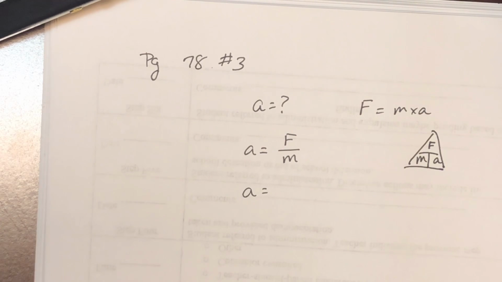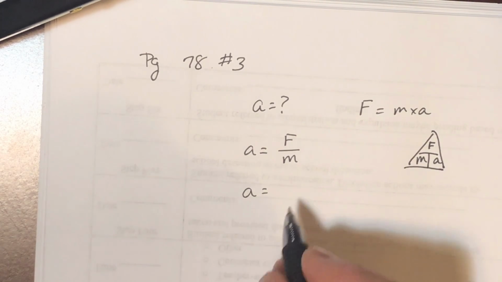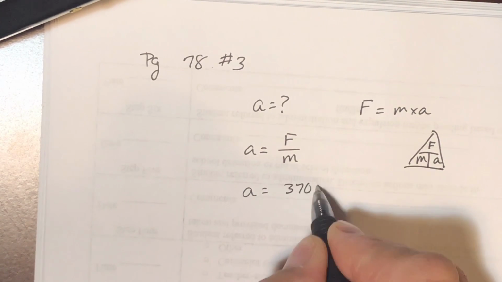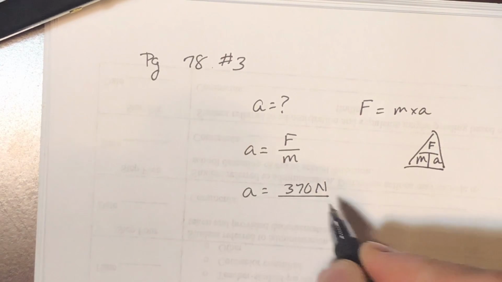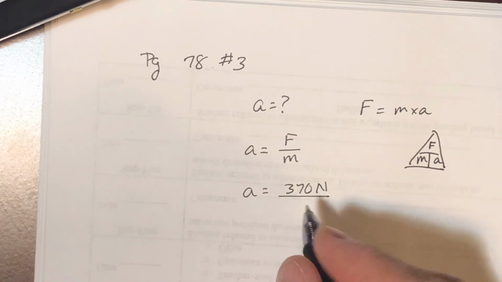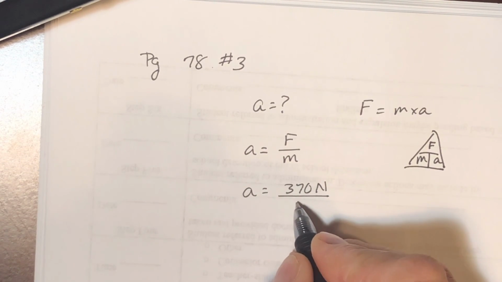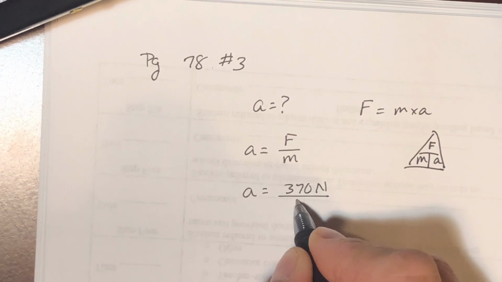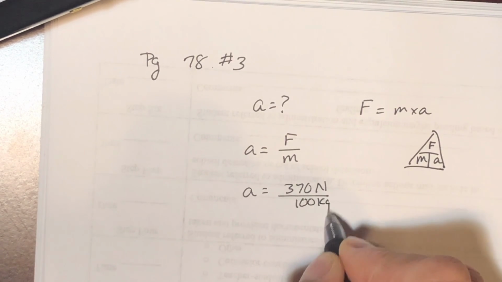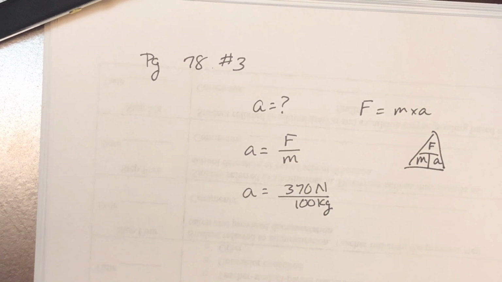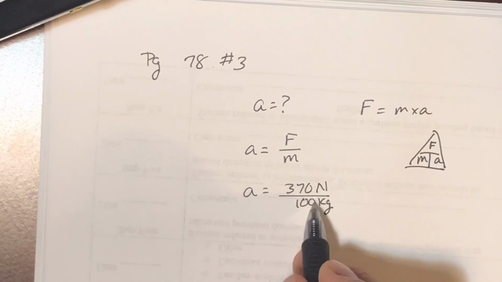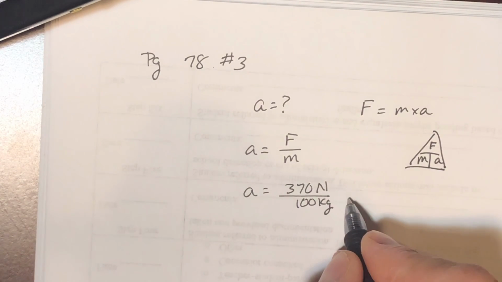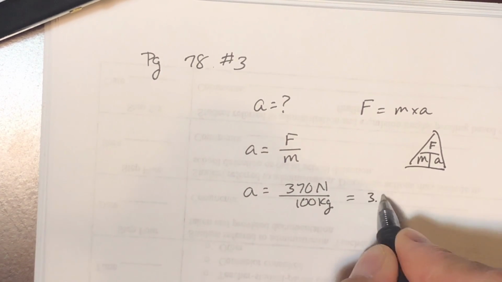The problem tells us that the force is 370 newtons and that the mass is 100 kilograms. So we do the math, 370 divided by 100, pretty easy. So this is 3.7.